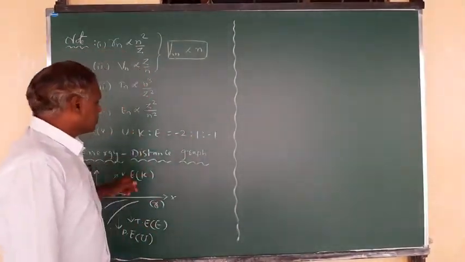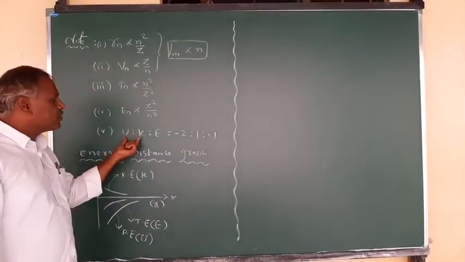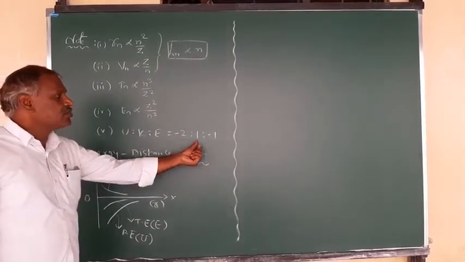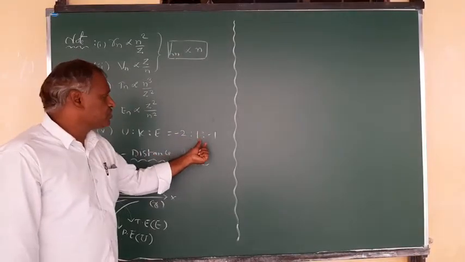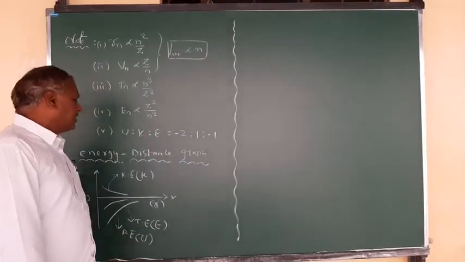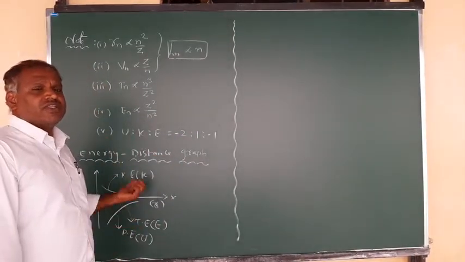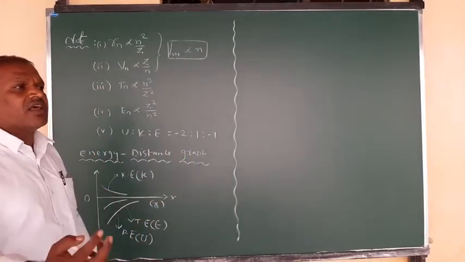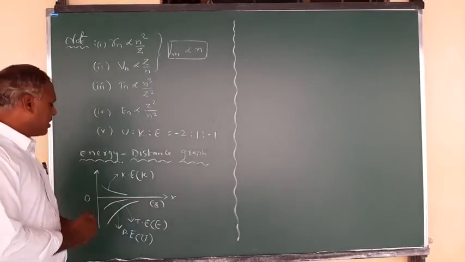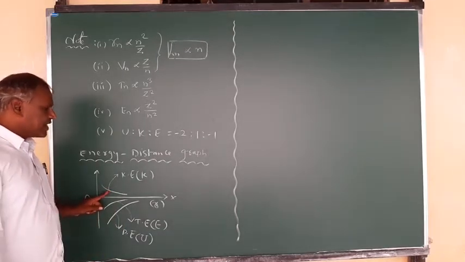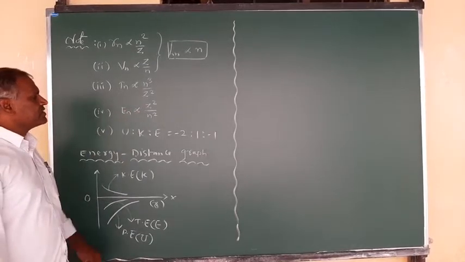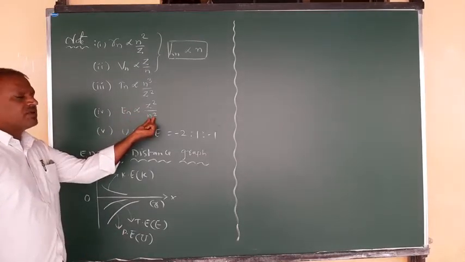Next, the ratio of the potential energy, kinetic energy, and total energy of an electron in any orbit is minus 2 is to 1 is to minus 1. If you draw the graph of the variation of energy with respect to distance, or the radius, you can observe that the energy is inversely proportional to n square.